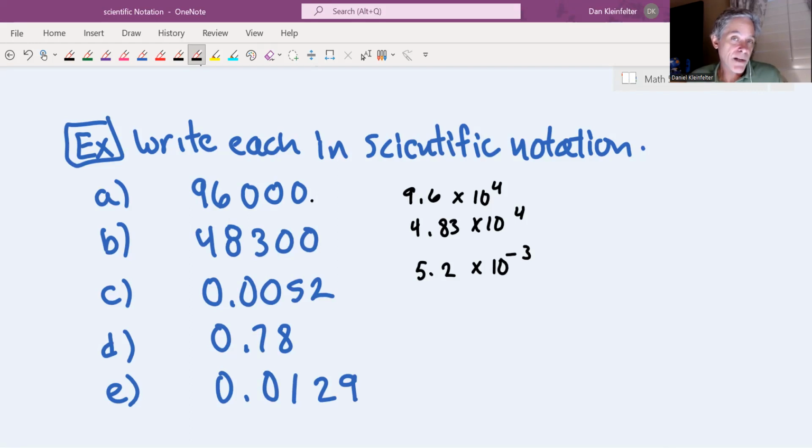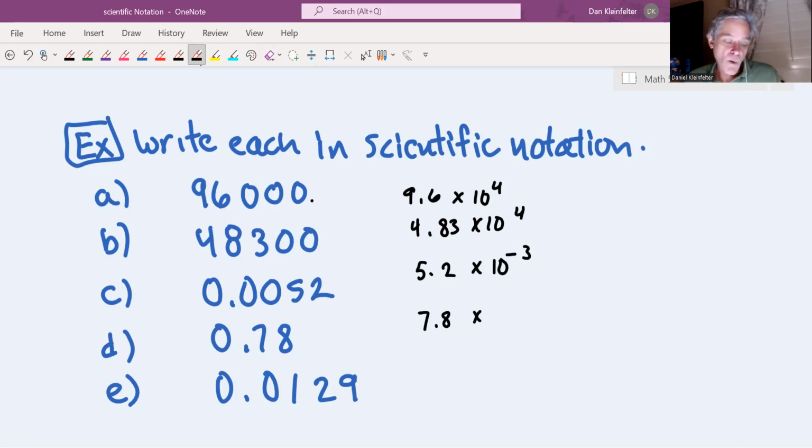We moved the decimal point to the right by 3 places, which multiplied the number by 1,000. To compensate so that we're not actually changing the value of the number, we multiply by 10 raised to the minus 3 power, which is 1/1,000. Okay, let's try 0.78 next. 0.78 will be 7.8.